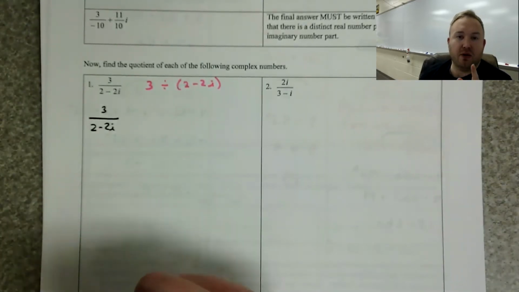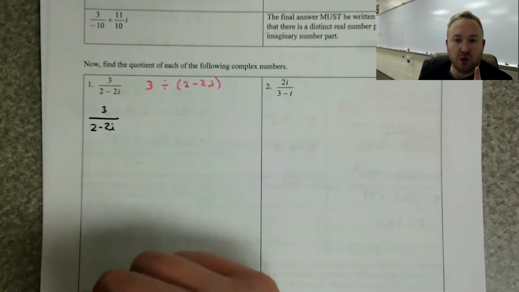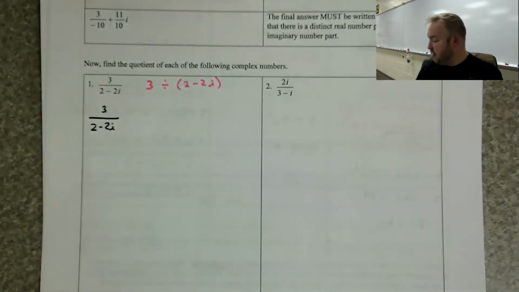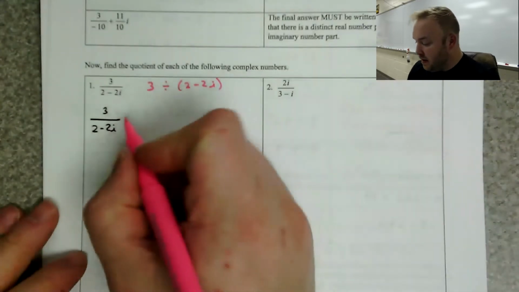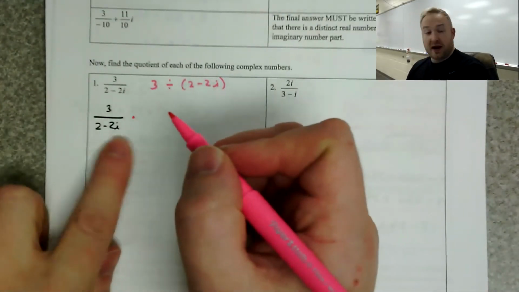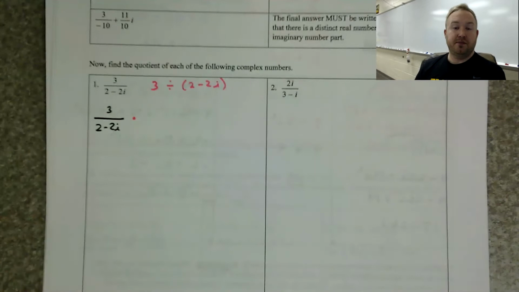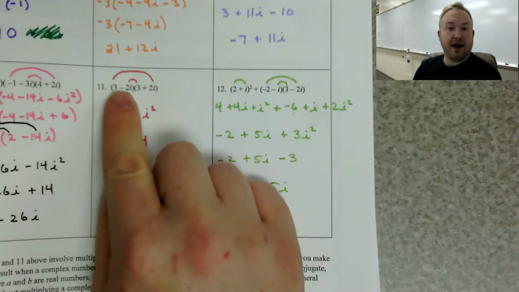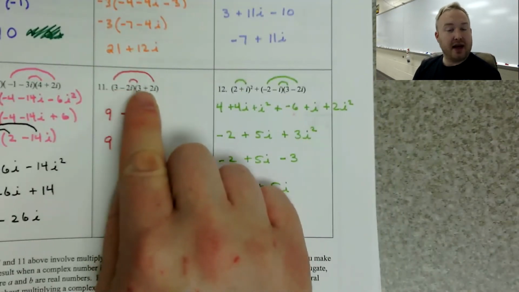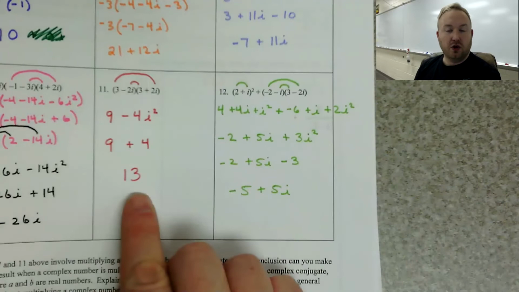Think about what we've learned about what you can do to a complex number to obtain a real number. Well, we just learned that if you multiply a complex number by its conjugate, you'll get an answer that's a real number. So that's exactly what we're going to do here.